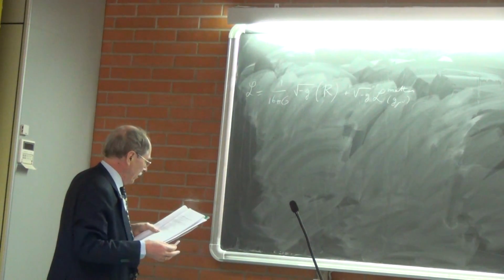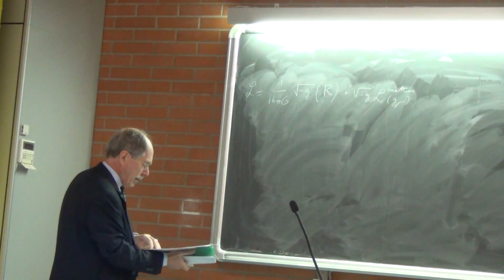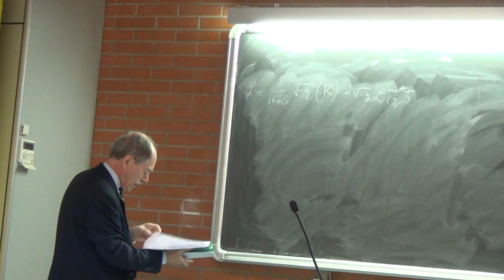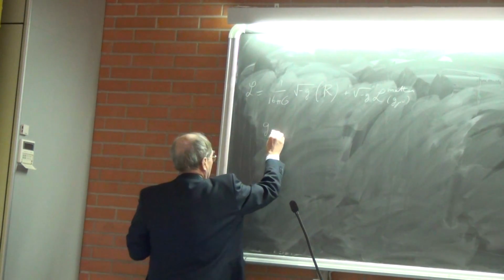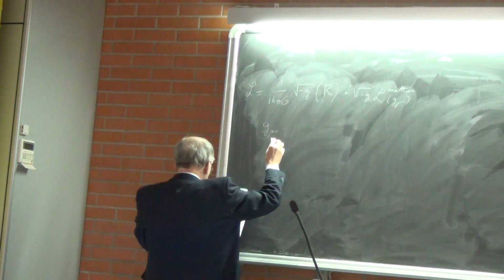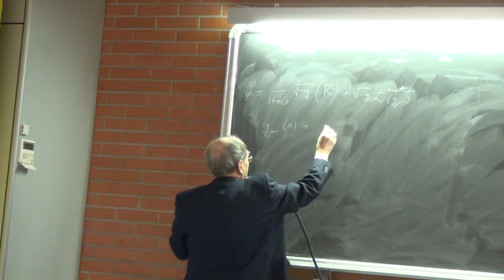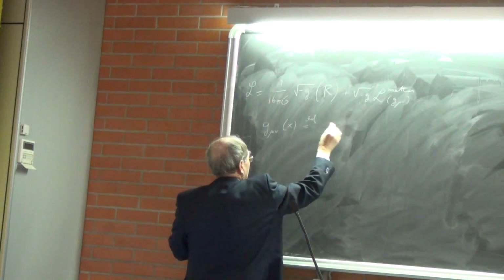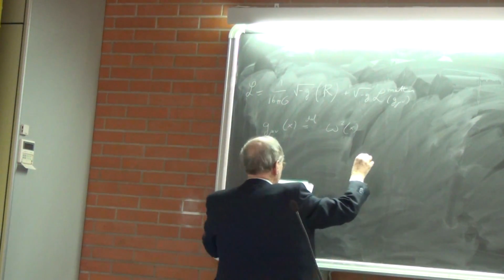Now, what we can do now, let me write g mu nu, which depends on space and time, is, by definition, omega squared of x times g mu nu hat.